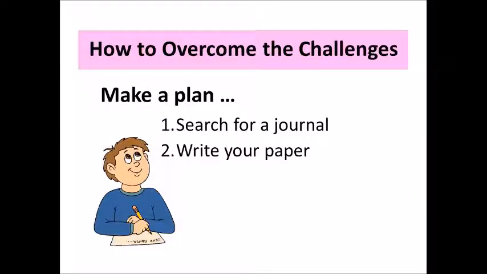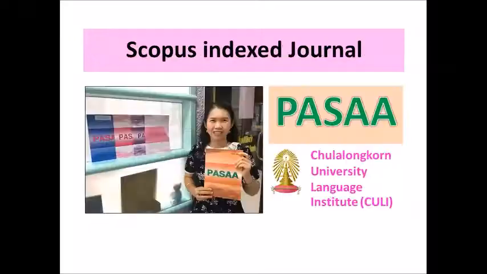So to be more time saving, you better look for a journal that has an aim and scope that is related to your research, and then start writing your paper in order to meet the journal's scope, the journal's aim.